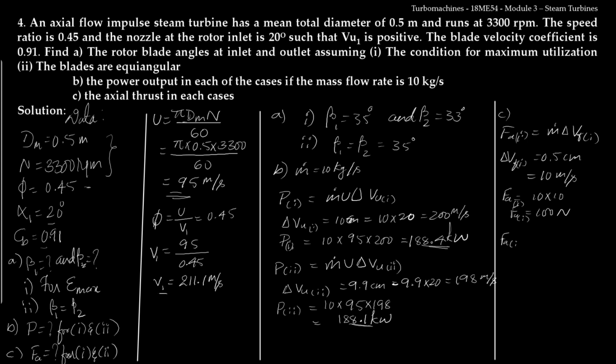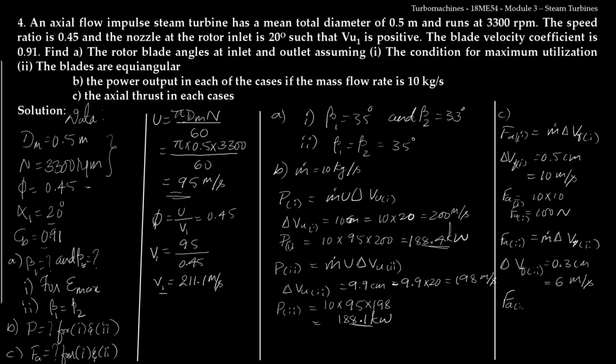Fa for the second condition is given by m dot into delta Vf for the second condition, and from the diagram we know that delta Vf for the second condition is 0.3 centimeter. If we convert that into meter per second, then that is 6 meter per second.